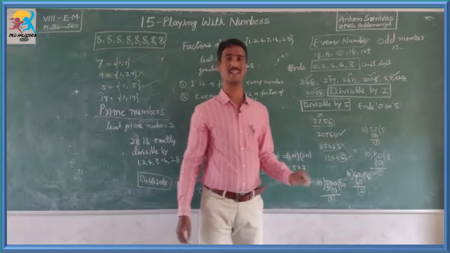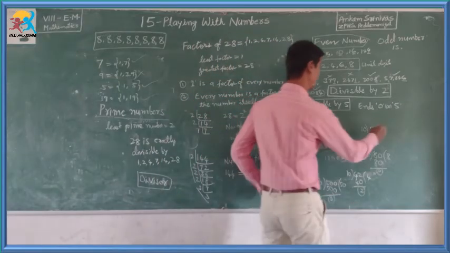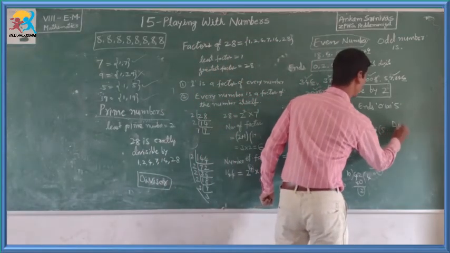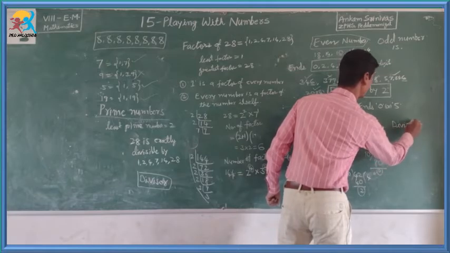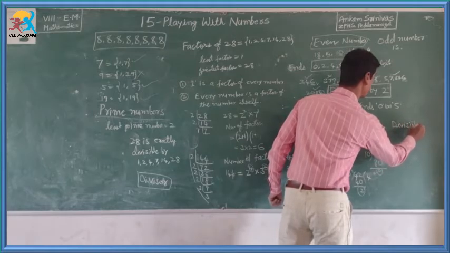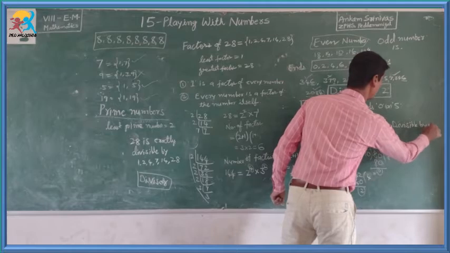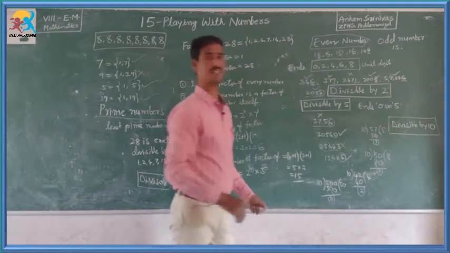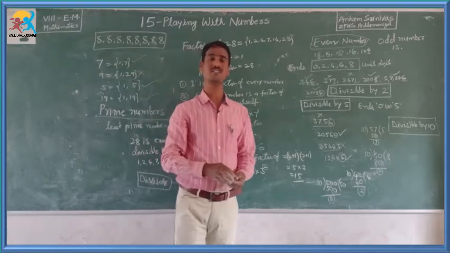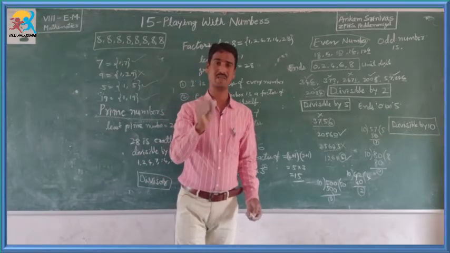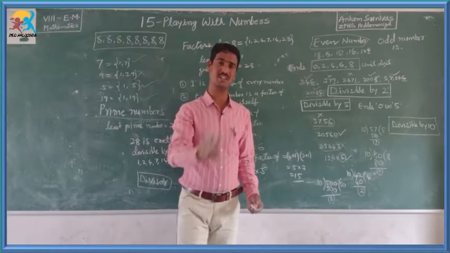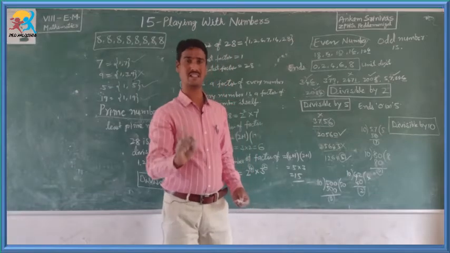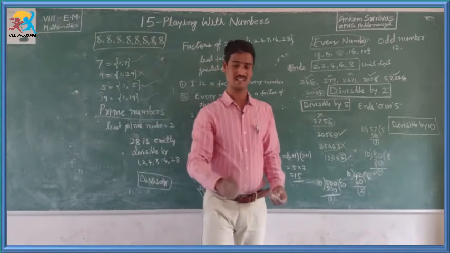So my dear children, the rule for divisibility by 10: if a number's unit digit is 0, that number is divisible by 10.